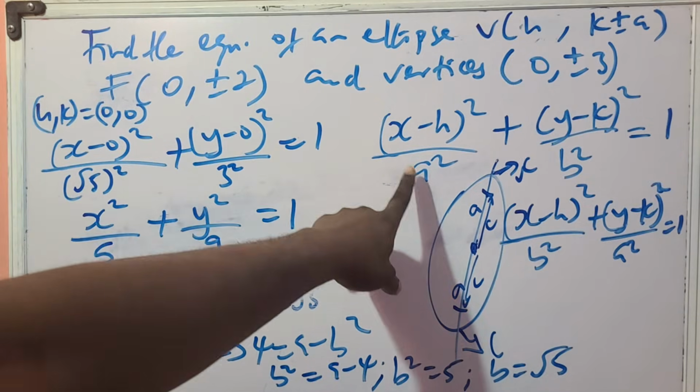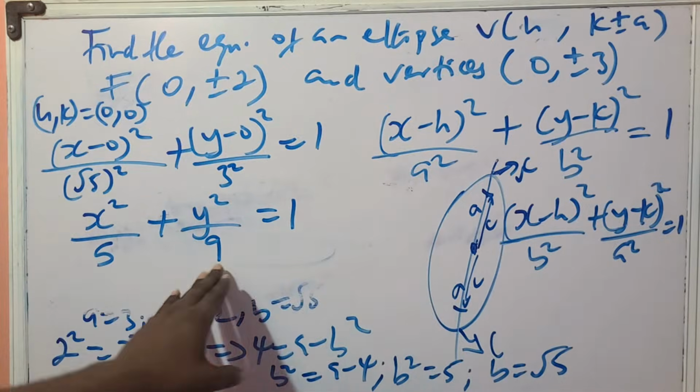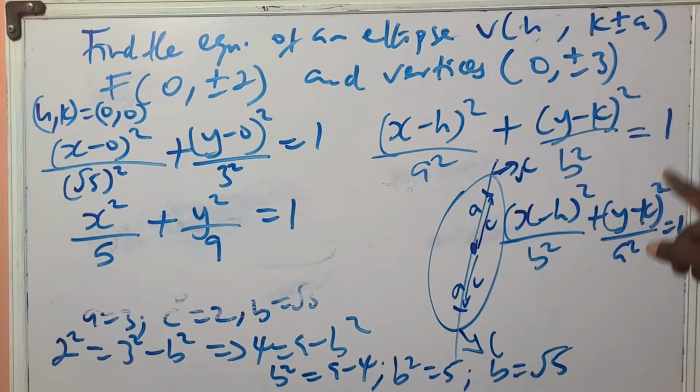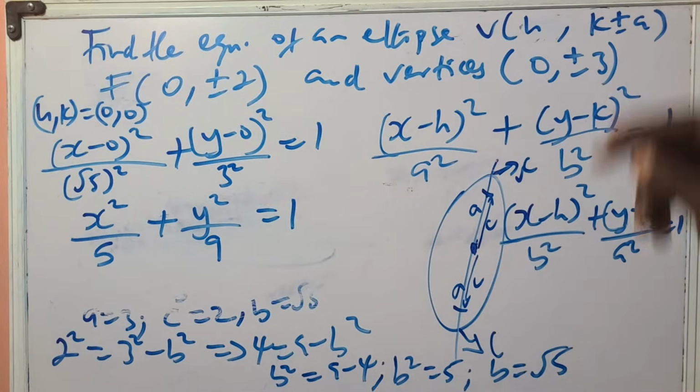So if you fix a square under the x aspect, that means you are saying the x plane is the longer side of the ellipse. If you fix a square under the y plane, that means you are saying the y plane is the longer side. Looking at the question you were given, the foci and the vertices rather.